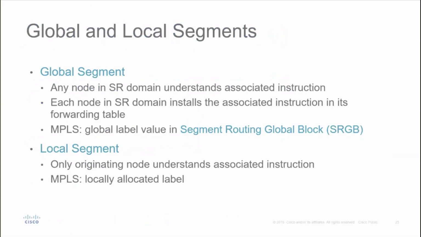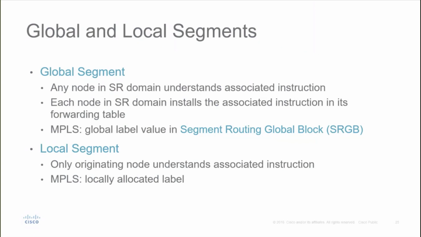Then if I need to send traffic to GD, every router following the shortest path is going to program in its FIB the label of GD, and that's a global segment. Everybody understands and everybody programs it in their forwarding table. The global segment, GD's MPLS label value, is allocated from a user-controlled block of labels. It's called the Segment Routing Global Block, SRGB for short.